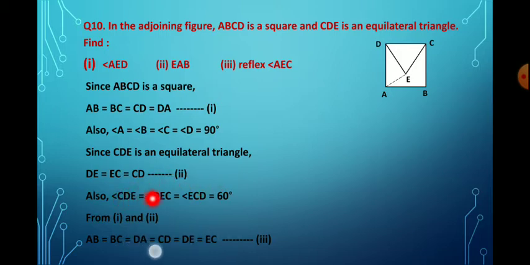So from equation 1 and 2, CD is common in both the equations. Thus all the sides of the square and the equilateral triangle are equal. So AB equals BC equals DA equals CD equals DE equals EC. Let this be equation 3.